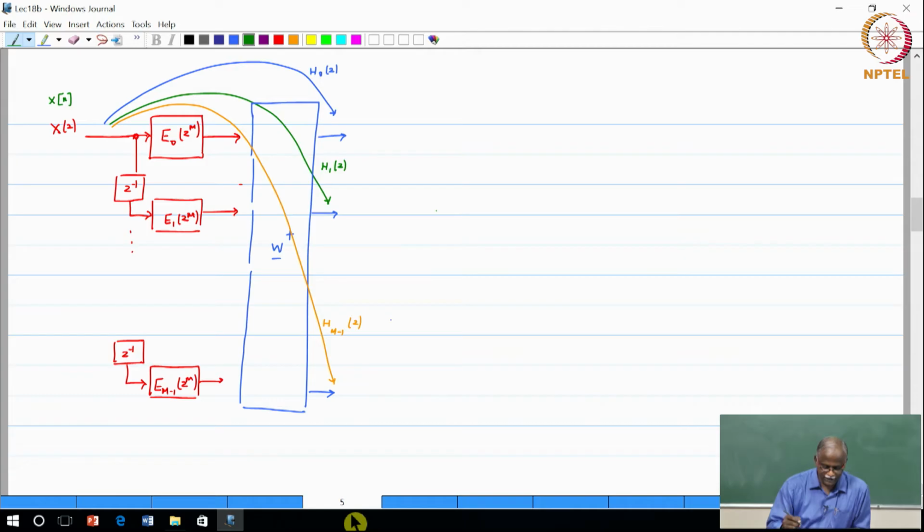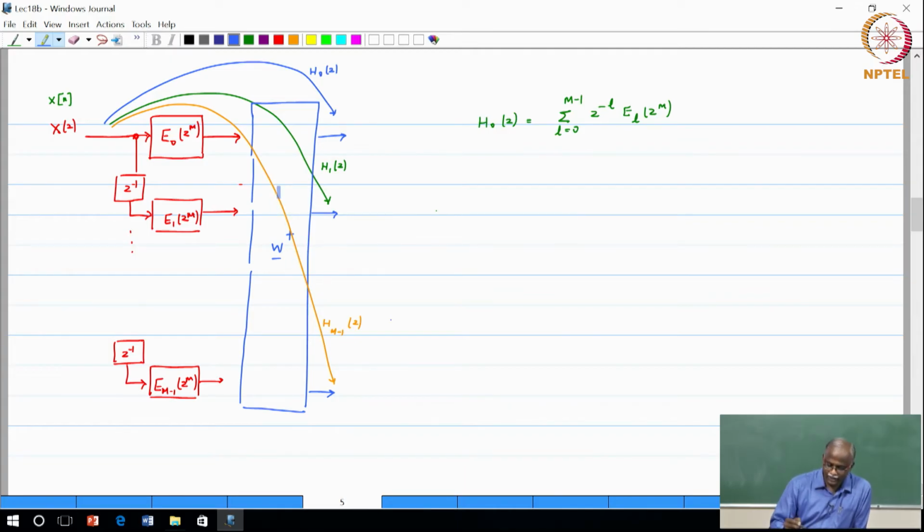We did a polyphase decomposition, and the polyphase decomposition was H0(z) equal to the summation over L equal to 0 to M minus 1 of z to the minus L times E_L(z to the power M), and then we applied the shifted versions, and we showed that what emerges is the following structure, where you have the polyphase components of H0 and then the IDFT matrix.